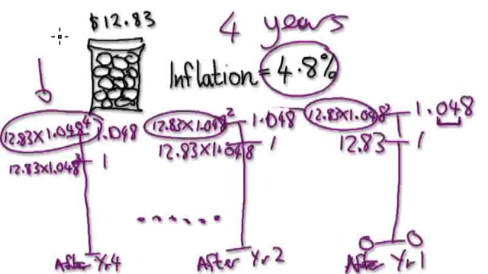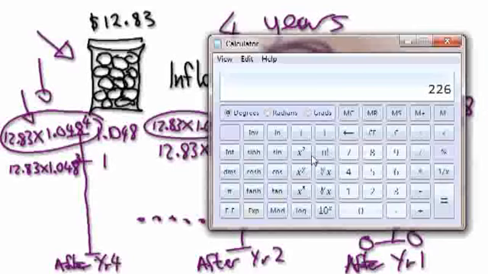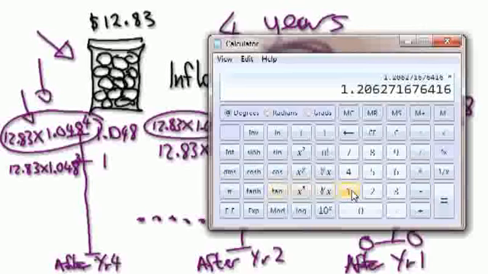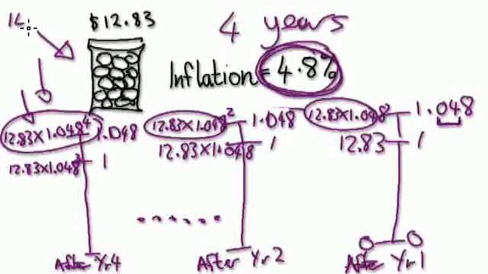So if you want to know how much this bag of potatoes costs after 4 years, assuming that the rate of inflation is constant at 4.8%, punch it into your calculator. 1.048 to the power of 4 equals this, and then times the original price, 12.83, equals $15.48.